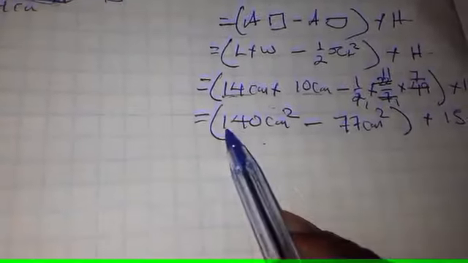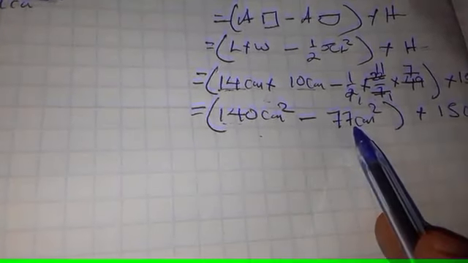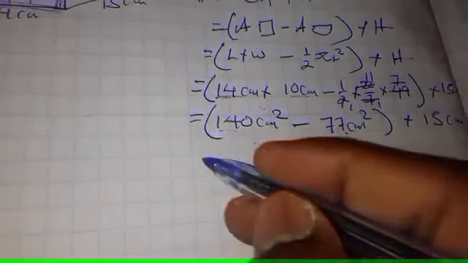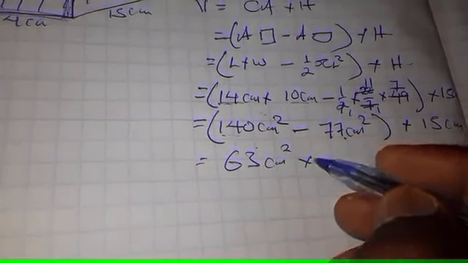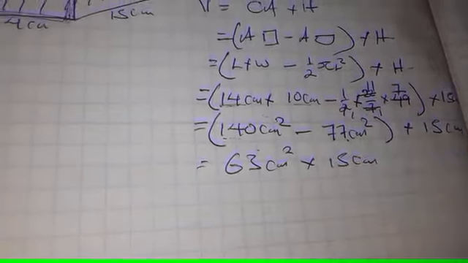So we have 140 minus 77, which gives you 63 square centimeters, multiplied by 15 centimeters.